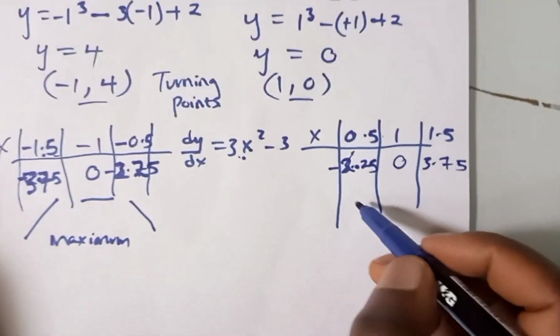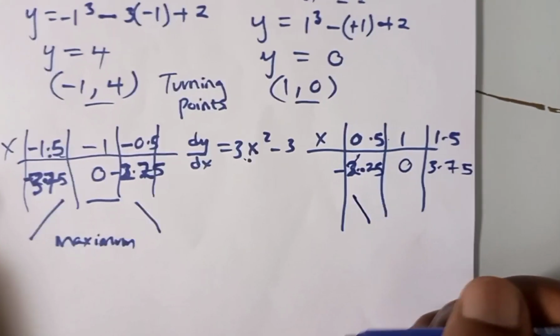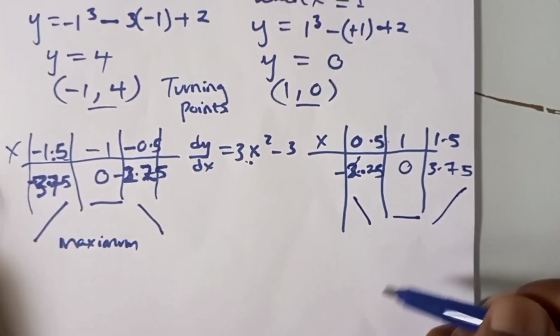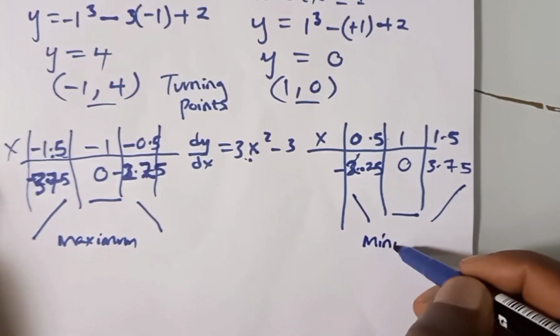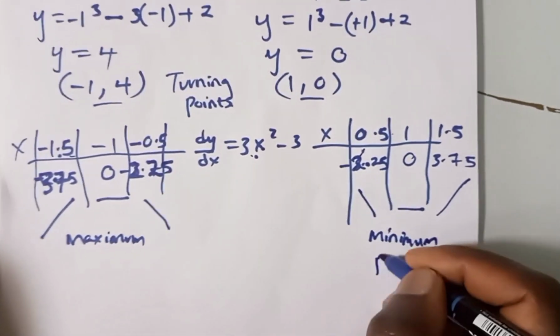So the gradient changes from negative through 0 to positive, and this is therefore a minimum point. So the graph that takes that shape has a minimum point.